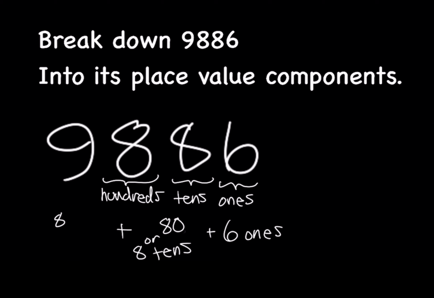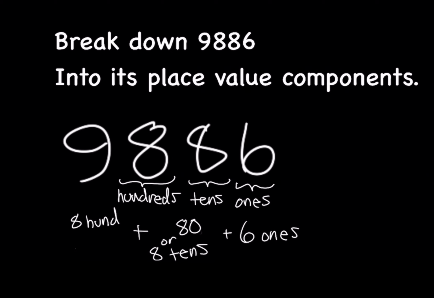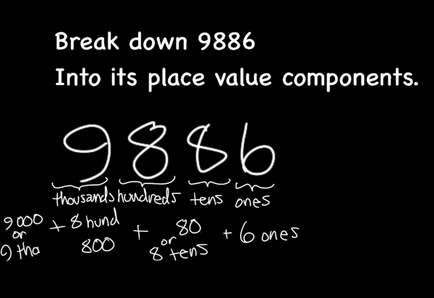So we have 8 hundreds. What can we also write 8 hundreds as? Well, just 800, right? And finally, we have 9 thousands. So 9 thousands can also be written as 9,000.